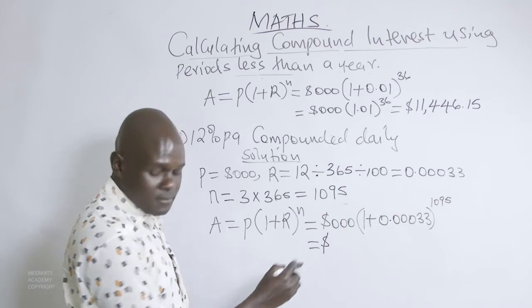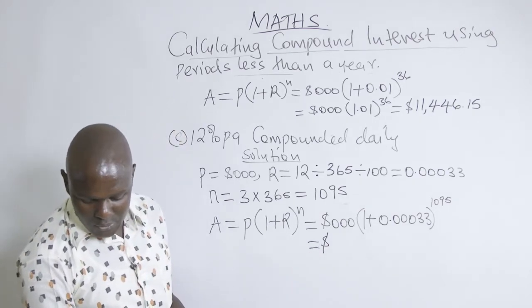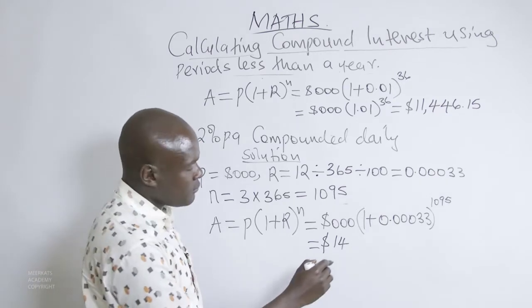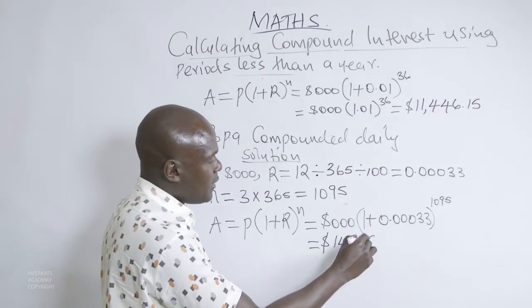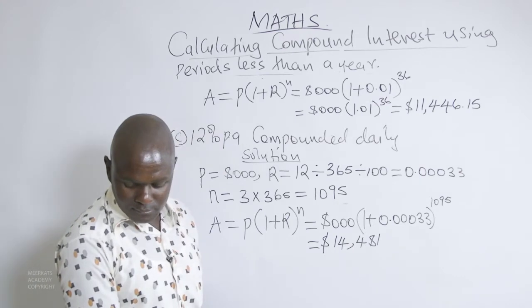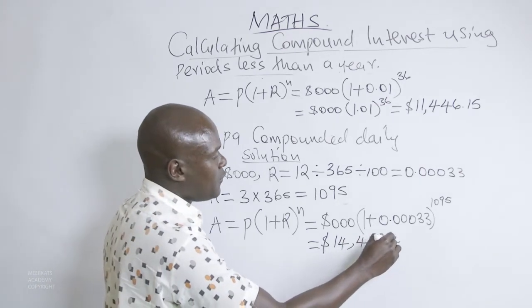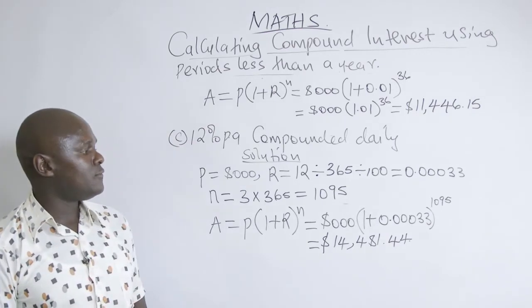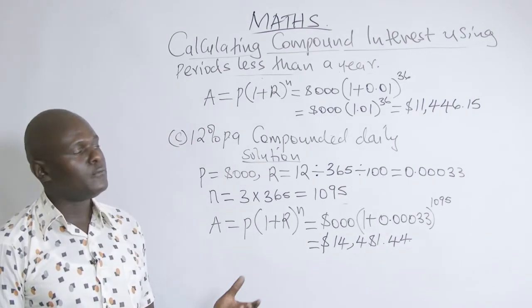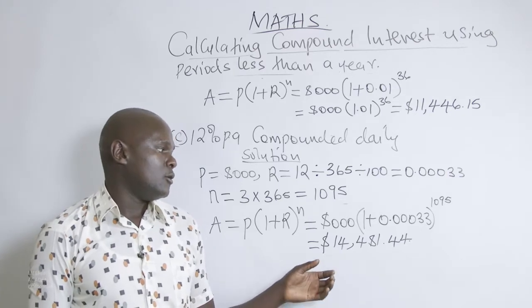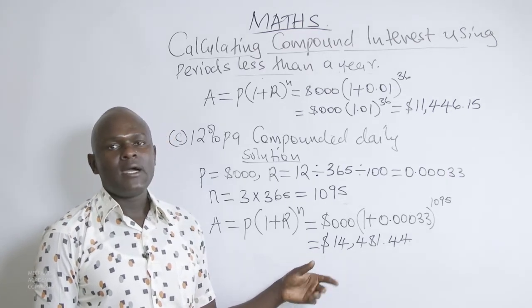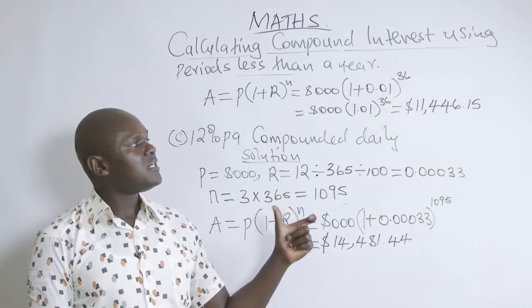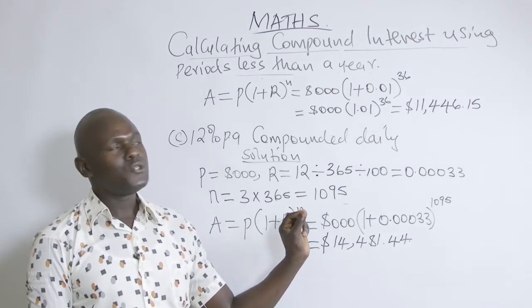This is going to give us $14,481.44. You discover that as the number of periods increases, the rates tend to reduce.